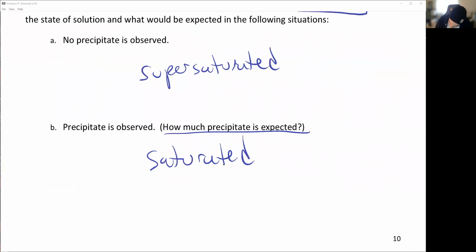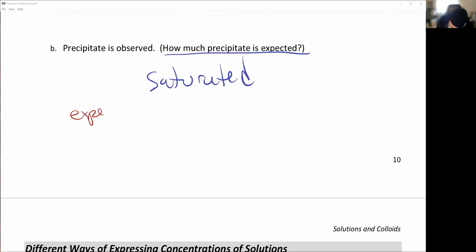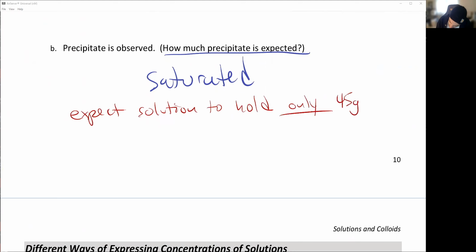So let me just write this out. The idea is we expect the solution to hold only 45 grams, but it's trying to hold 50. So if we do see a precipitate, we would expect to see 5 grams of precipitate.